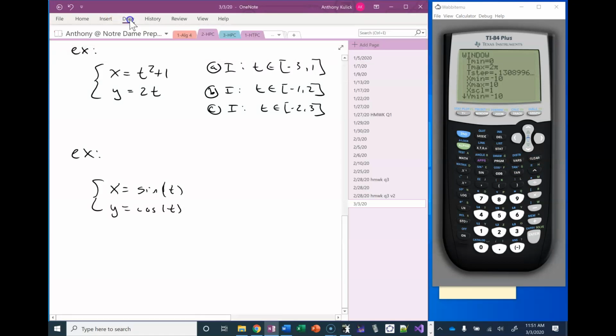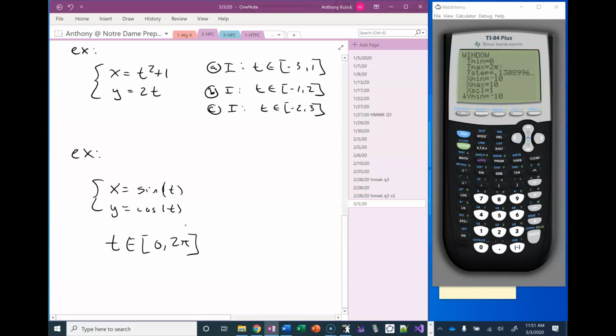And we'll hit graph. But before we hit graph, what do we suppose this picture is going to look like? Anybody with an idea here? Because we already technically know the answer to this. Specifically what circle?